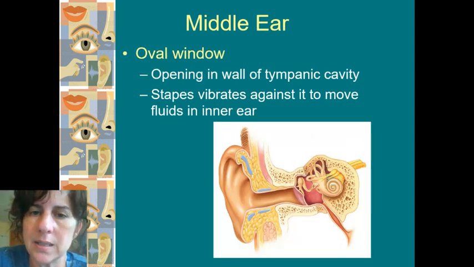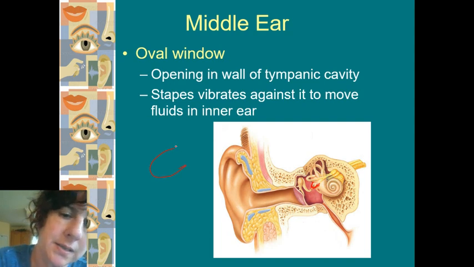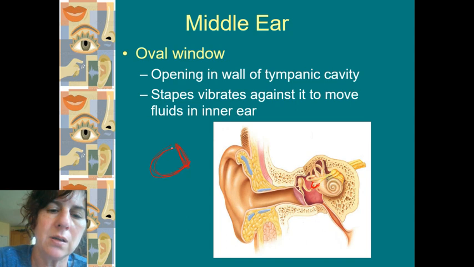The stapes, which is the last of the ossicles, this one right here, is shaped like a stirrup like this, but it has this little oval plate right here. So this is all little bone here, and it's getting its information from the other bones, right? So the incus transmits, and then the stapes is this stirrup shape.